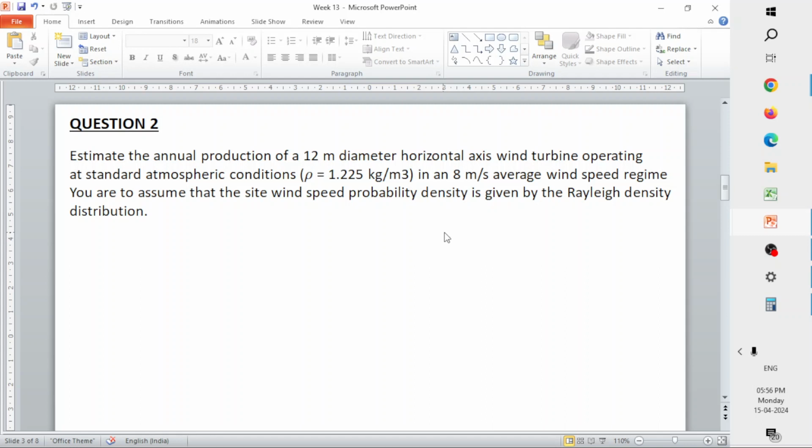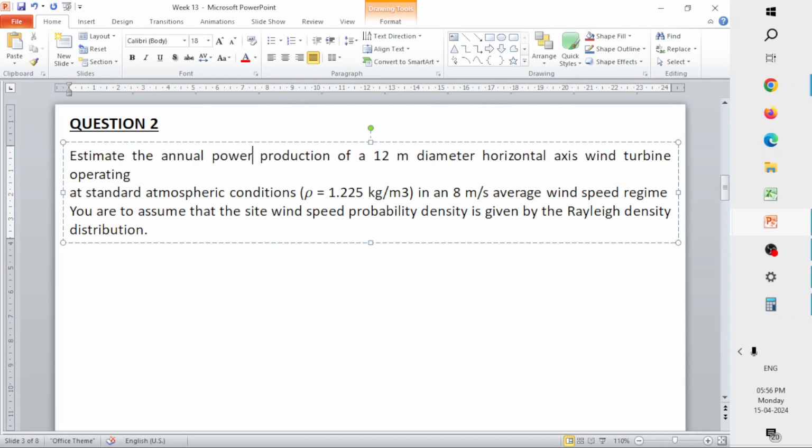They have given the density of the air, so we don't need to calculate anything here, and they have given the average wind speed as 8 meter per second. They are asking us to calculate the annual energy production.